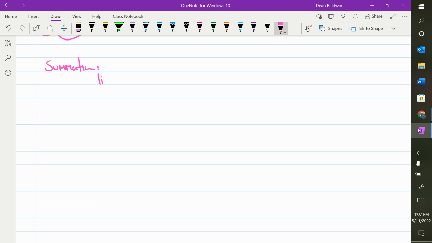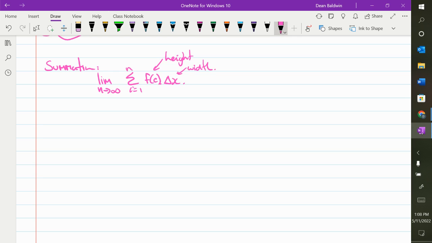The limit as n goes to infinity of the summation from i equals 1 to n of f of (a plus i delta x) times delta x, where f is the height and delta x is the width, correct? Yeah, i goes from 1 to n because the number of rectangles is n.